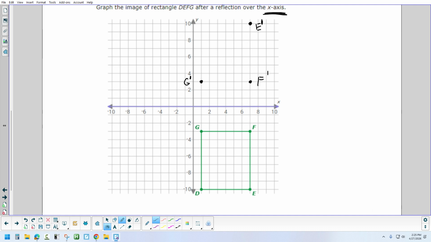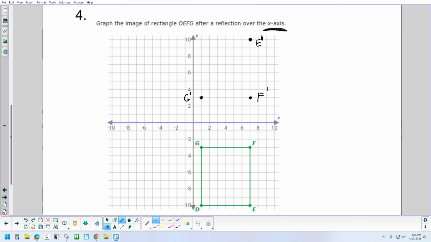Perfect. And the last one we have is D. Jake, how about that one? Well, if you look at the green rectangle, it's 10 down, so it's negative 10. So it would be positive 10. Yep. So instead of being 10 units down, it's going to be 10 units up.